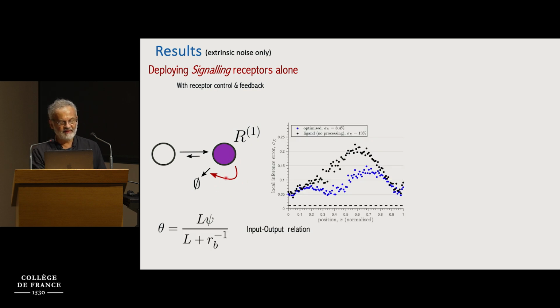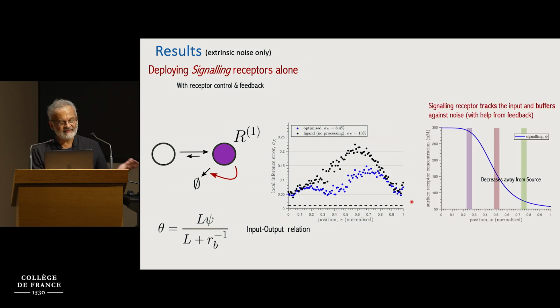So this is the plot of the computed inference error as a function of position away from the morphogen source. In black is the unprocessed inference error. That is, if you don't have any processing, you're just reading the noisy morphogen gradient. And in blue is the reduced inference error obtained by having this kind of architecture. You can see that this architecture reduces it, but it nowhere comes close to the dashed line, which is the desired 1% accuracy.